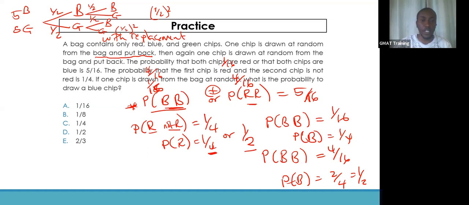And that is not realistic. You can say the probability of not picking a red is 1 already, since you have to pick out of this total. The total is 1 actually. So the probability of picking a red can't be a quarter. Instead, it will be a half. So if the probability of picking a red is a half, then the probability of picking a blue should be a quarter, which is C.